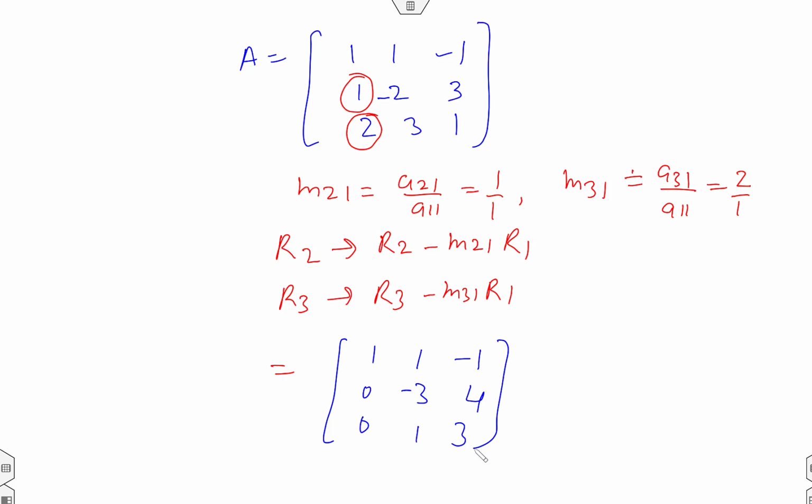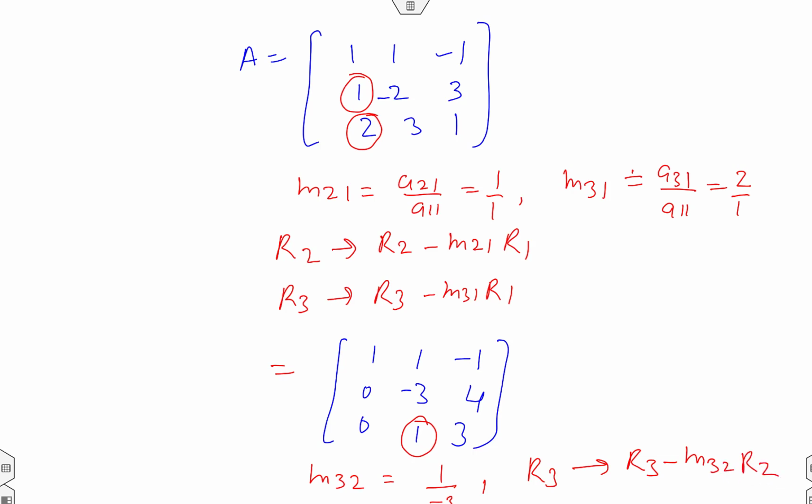Now make 0 at this position. So we will compute m32, because we have to make 0 at the a32 position, so we will compute the multiplier to make 0 at this position. That is 1 upon minus 3. And then apply the row operation, that is r3 equal to r3 minus m32 r2.